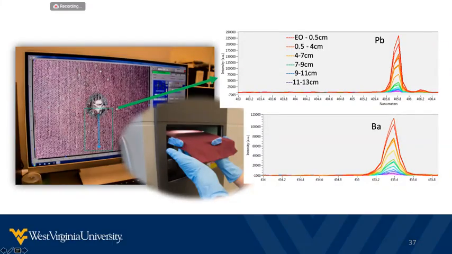With LIPS, the laser beam can be quickly scanned as we move away from the bullet entrance hole, while acquiring in real time the chemical composition of multiple inorganic gunshot residue markers. In this example, we can see how lead and barium signals were decreasing as we move the laser away from the bullet entrance hole.